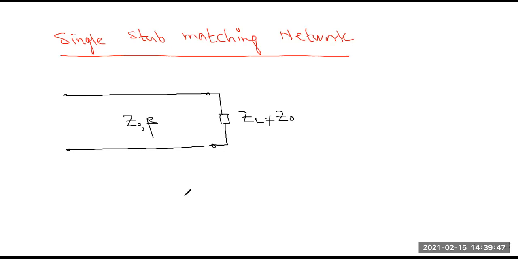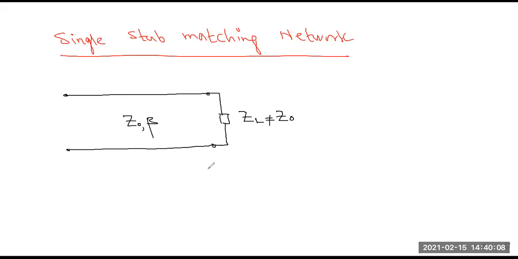So this is telling us that our system is not matched. So we have to do something to rectify this problem. And the solution that we have selected is that we are going to match this load with the help of a single stub.